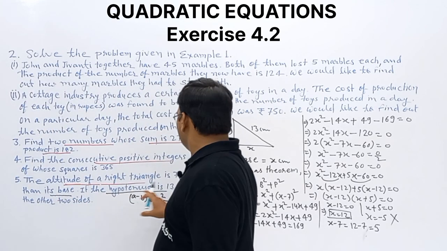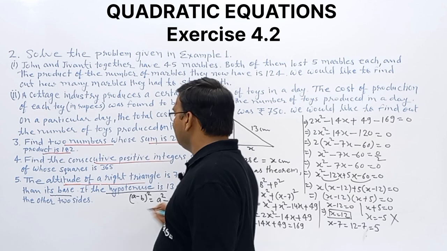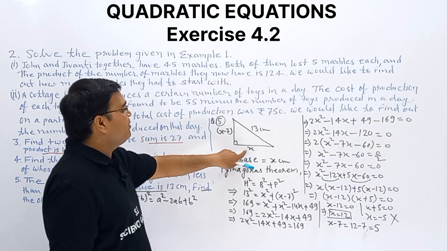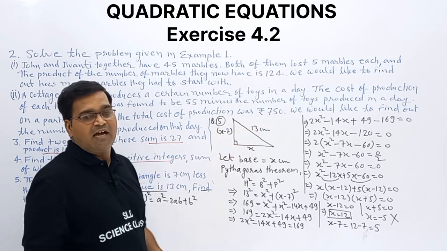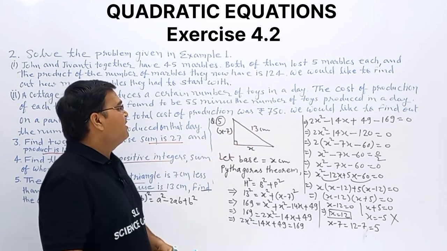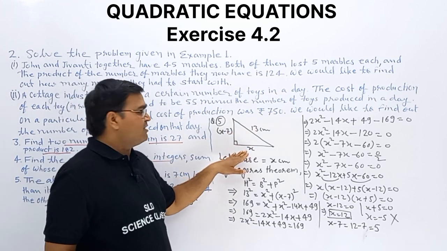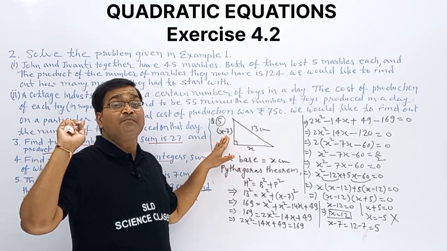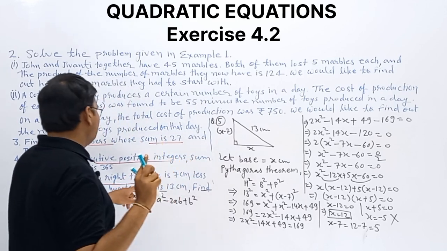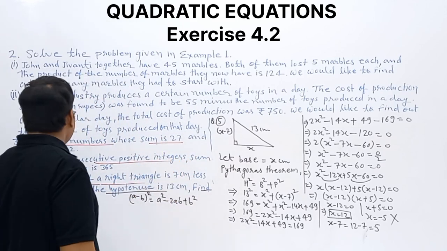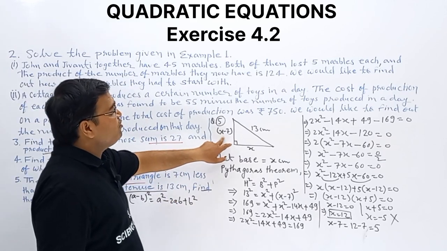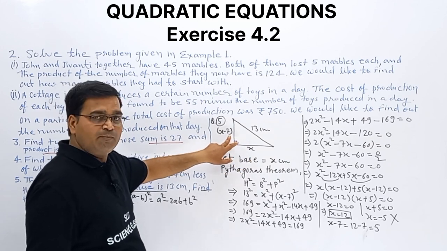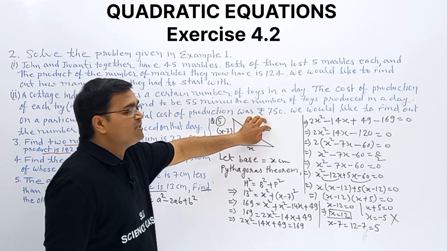Find the two other sides. In the right triangle we have base, perpendicular and hypotenuse. If we assume the base is x, the perpendicular, the altitude, is given as 7 centimeter less than its base. So base is x, so x minus 7 will be the altitude, height, perpendicular, and the hypotenuse is given in the question.